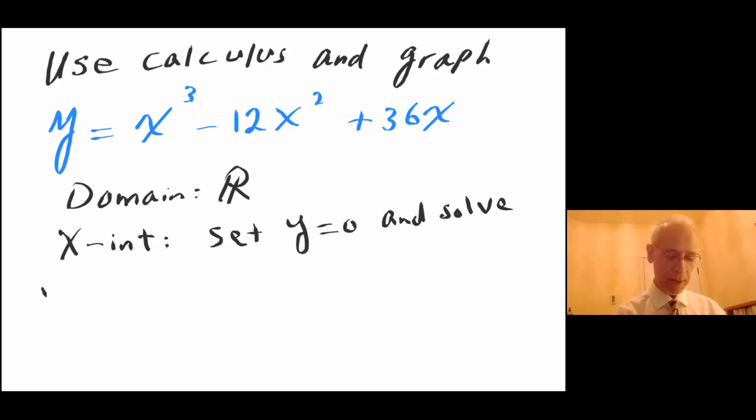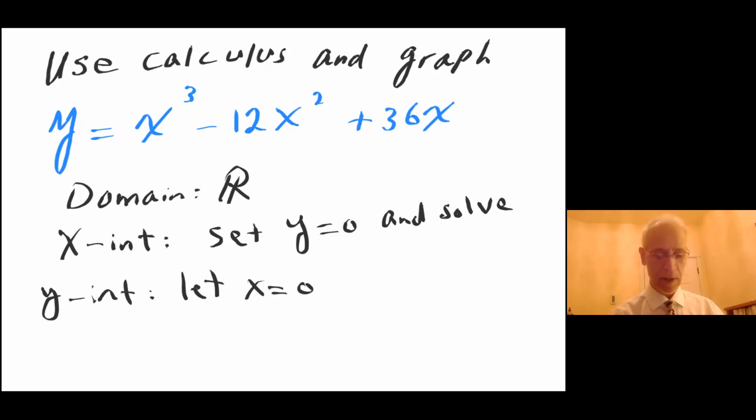And for the y-intercept, let x equals 0. So in this case, the point (0, 0) is the y-intercept. Okay, well, the origin. Okay, let's go to the next page and continue.